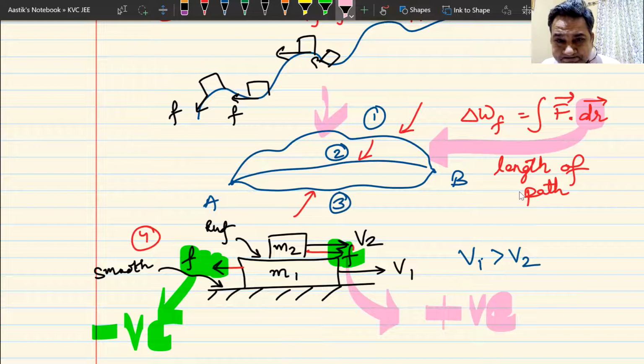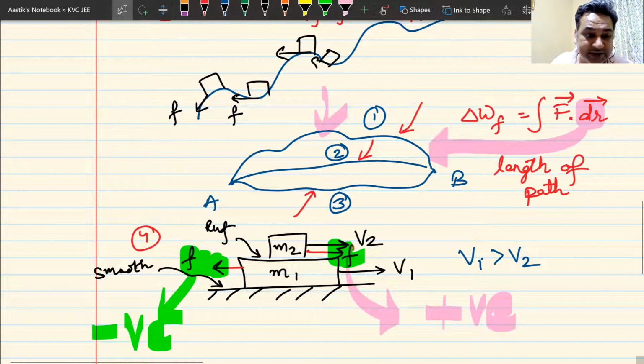So if I have kinetic friction between two bodies, on one body, friction would be doing negative work, and on the other body, friction would be doing positive work. Do we understand this? So that is the best way to understand this example, that work done by kinetic friction, and I will just dictate it now. Work done by kinetic friction.